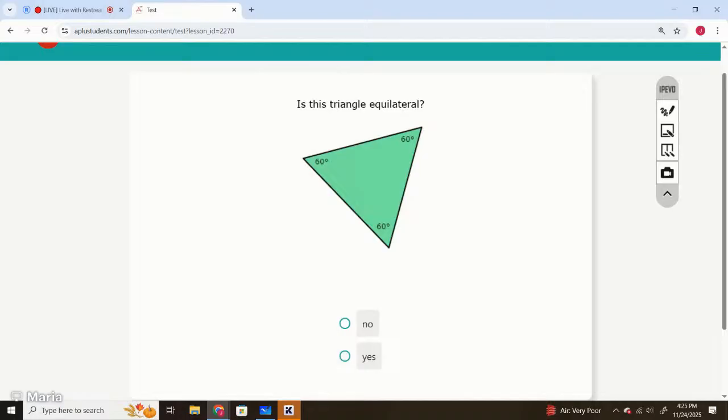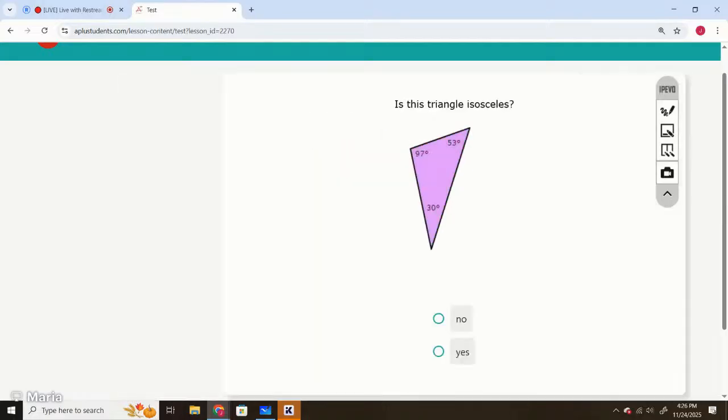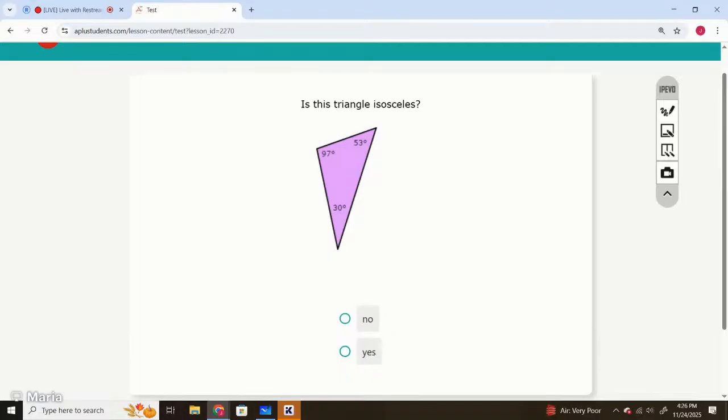Is this triangle equilateral? Yes, that is an equilateral triangle because all the angles are equal in measurement, so equilateral triangle it is.